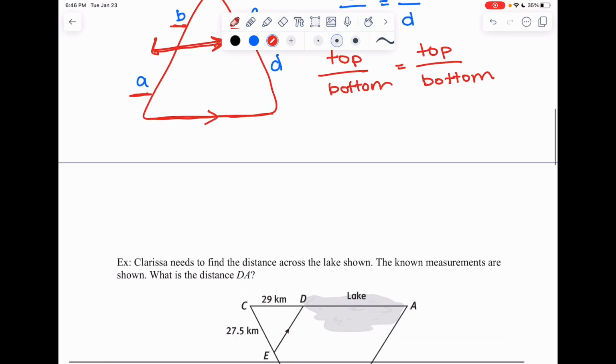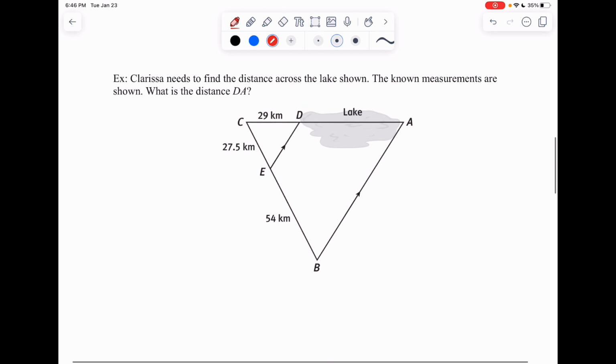So let's try this. Clarissa needs to find the distance across the lake shown. The known measurements are shown. What is the distance dA? So notice how I have a line parallel to one side of the triangle, which means I can set up the proportion top over bottom equals top over bottom.